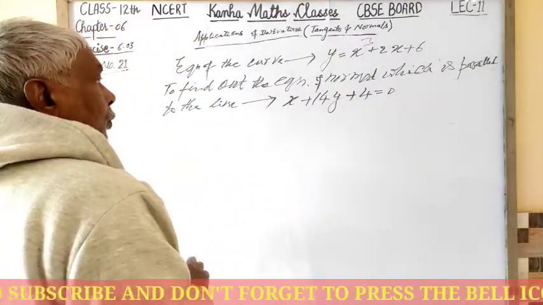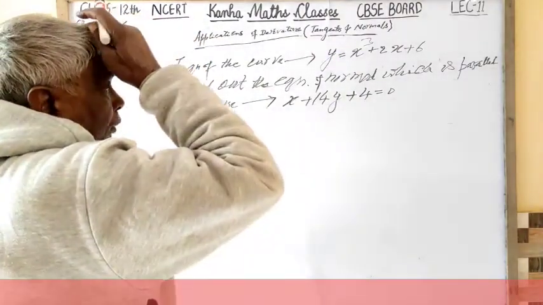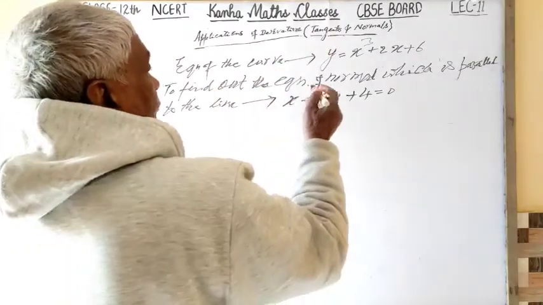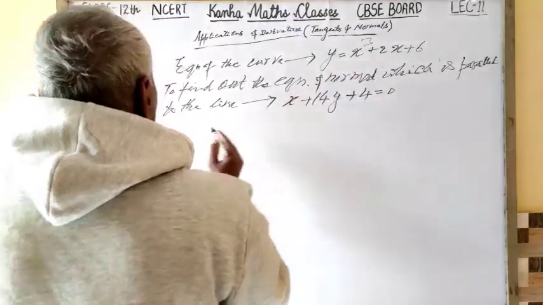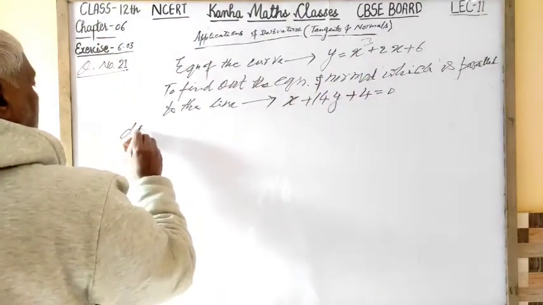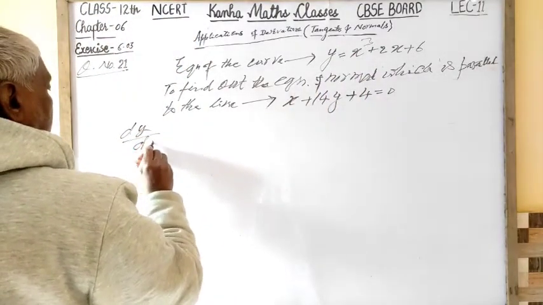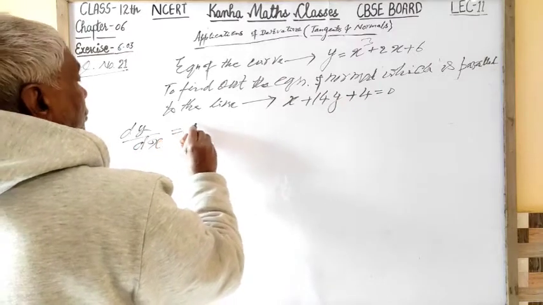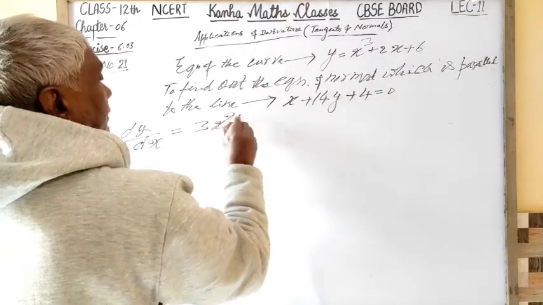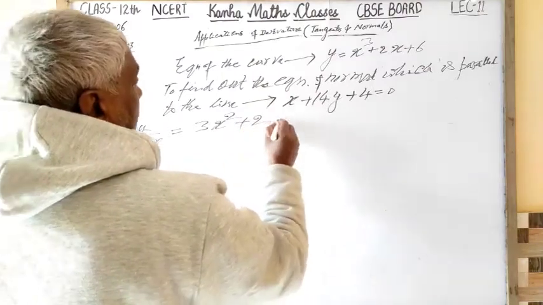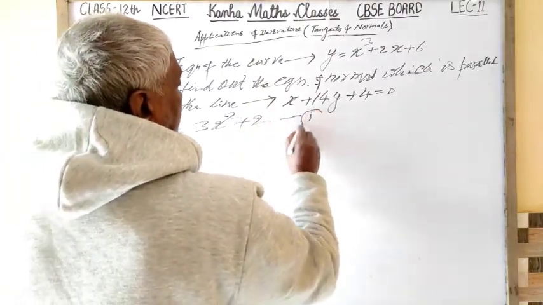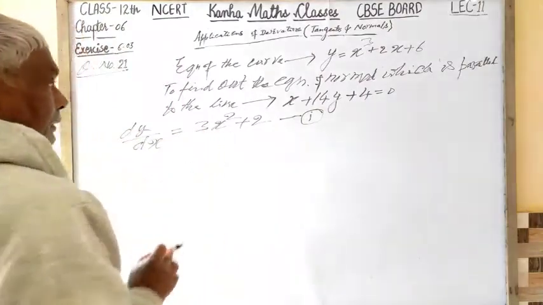In order to find dy by dx, we must differentiate the equation of the curve with respect to x. Hence dy by dx is equal to 3x square plus 2. This is the value of dy by dx.